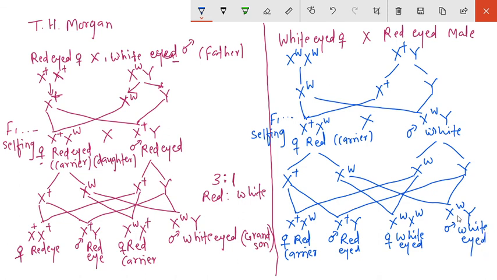That means the trait is transferred from the mother to the son, and from the son it is again transferred to the granddaughter.